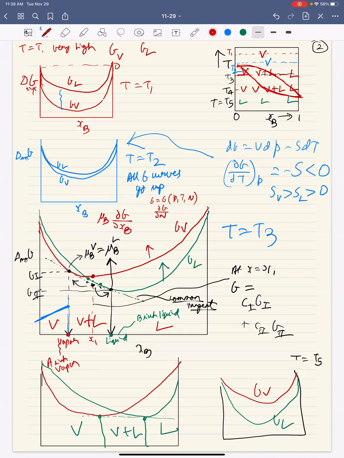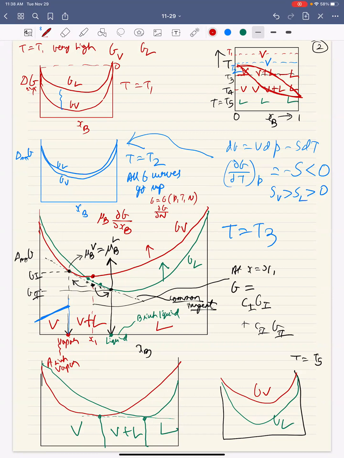You could have a lens facing the opposite direction. Depending on how the curves moved, you could have more complicated things. But this is the simplest phase diagram in temperature composition space that you can have for two things that mix fully, yet you have two competing phases.